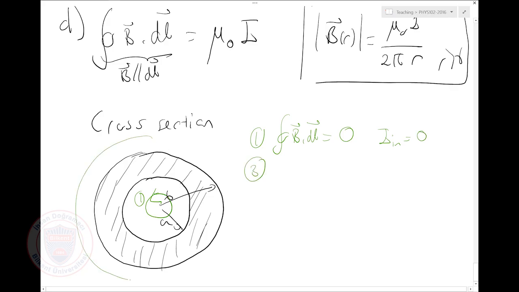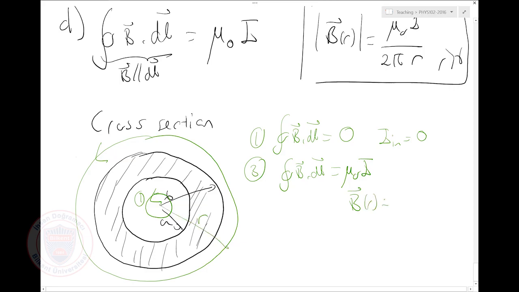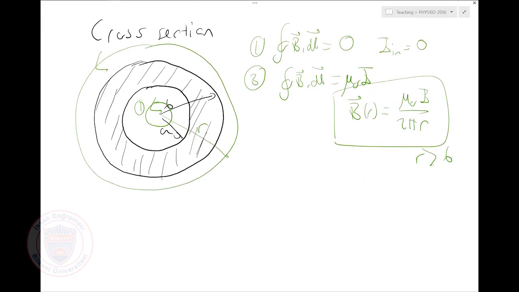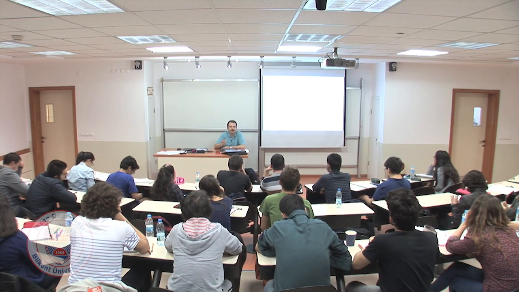For the third loop, B dot dl, right now all the current is getting through my loop, so it's going to be just mu 0 times total I, B of r on the outside. If this is r, it will be just the usual result for a wire, but that's only if r is larger than b. What makes this problem interesting is the middle region.